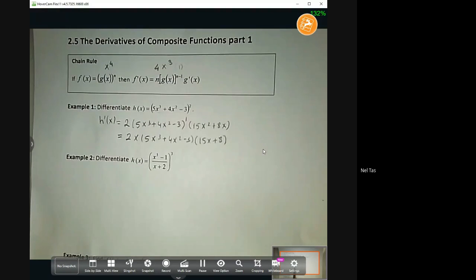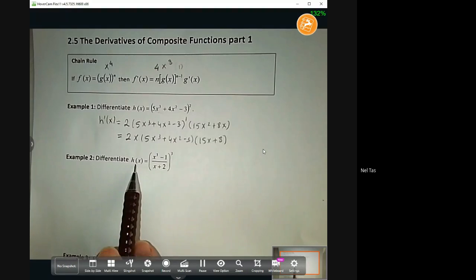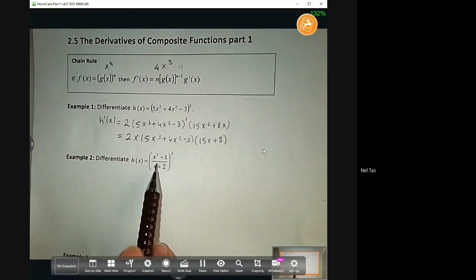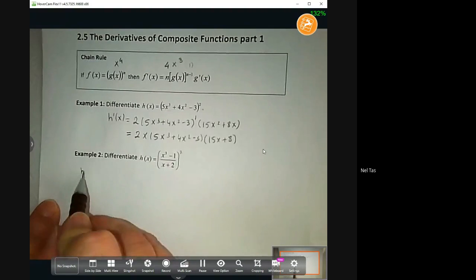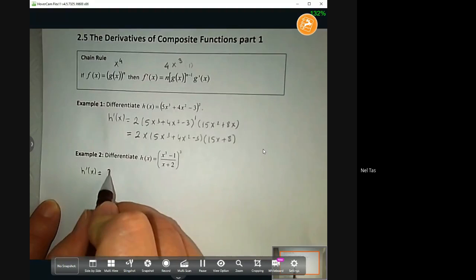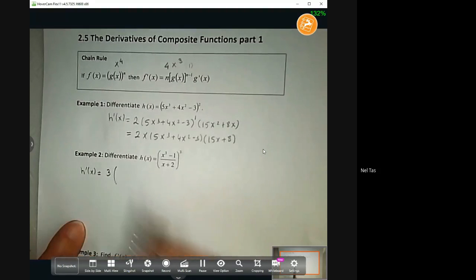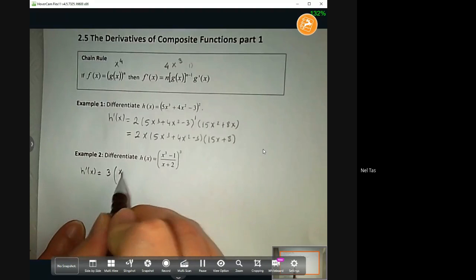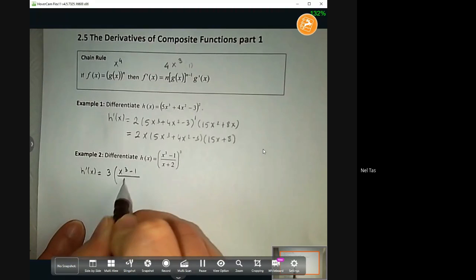So let's look at example 2, which is more complicated. We have h of x equals x cubed minus 1 over x plus 2, all to the power of 3. Okay, h prime: take the exponent, drop it to the front as a coefficient. Keep the bracket as it is.